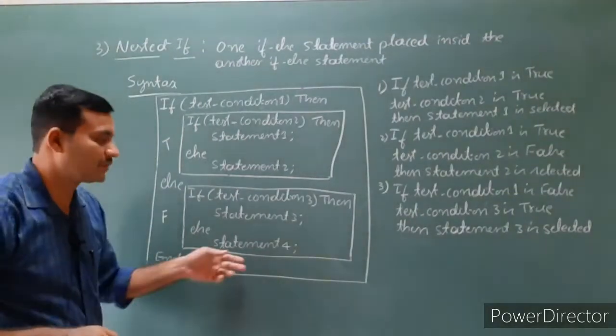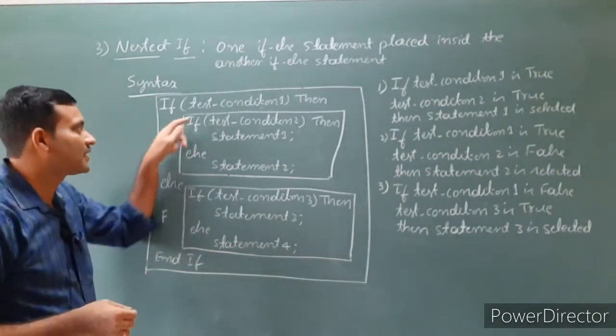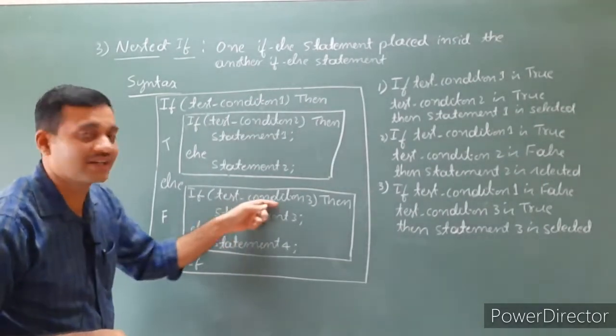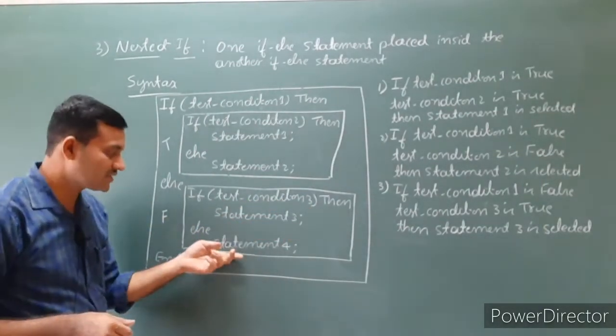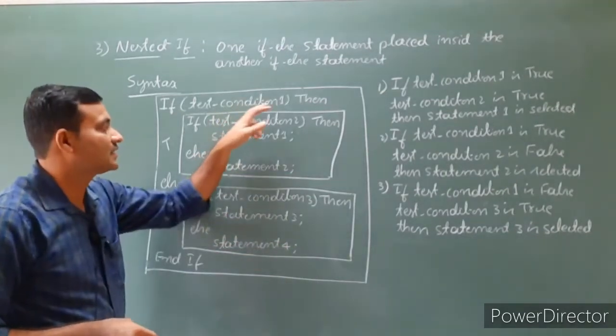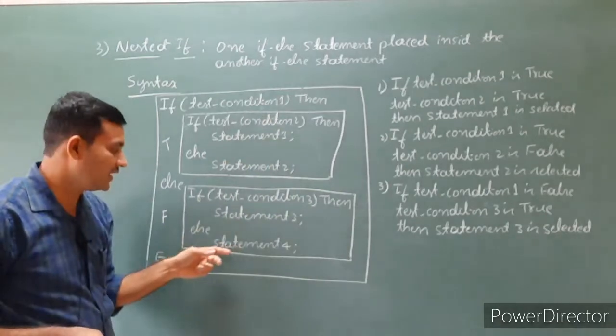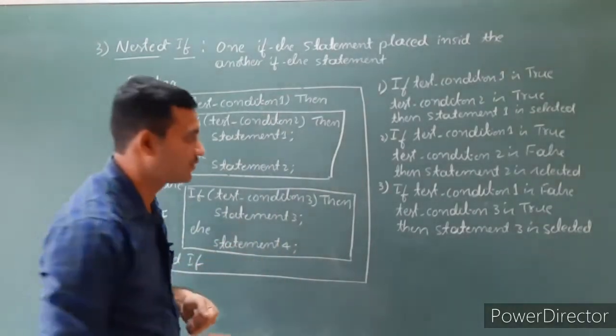Then the last one, statement 4. It is in the else part of test condition 1, and also in the else part of test condition 3. So to execute statement 4, test condition 1 returns false, and test condition 3 also returns false, then statement 4 is executed.